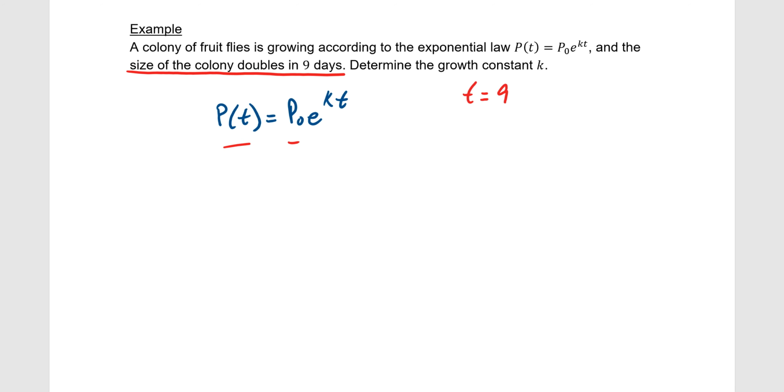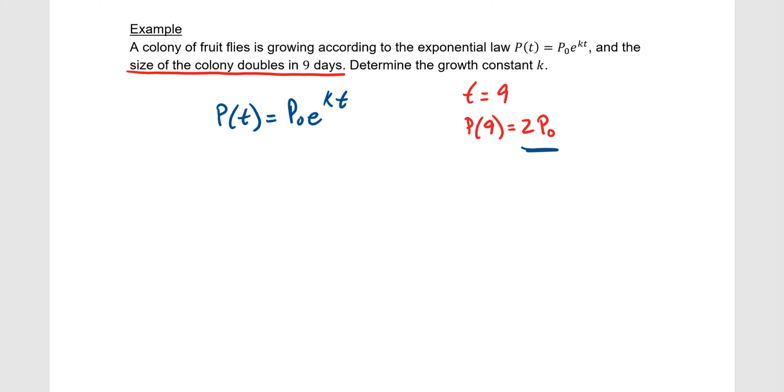That means when t equals 9, P of t is going to equal 2 times the initial amount because it doubled. So I'm going to put P of 9, because technically that's when t is 9. P of 9 is 2 times the initial amount. So now let's see what happens when we substitute this in for the left-hand side of the equation.